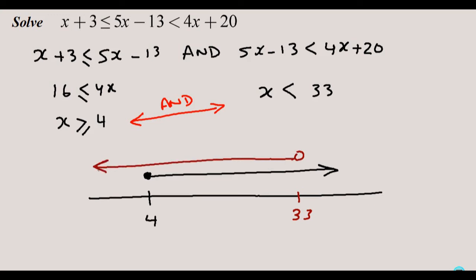Now, where are they satisfied together, hence the "and", from here to here. So it's one region on the number line. Therefore, we can write our answer as 4 is less than or equal to x, which is less than 33. And that would be your answer for this double inequality.